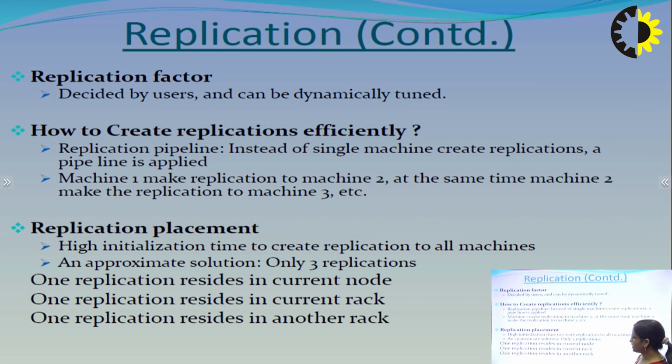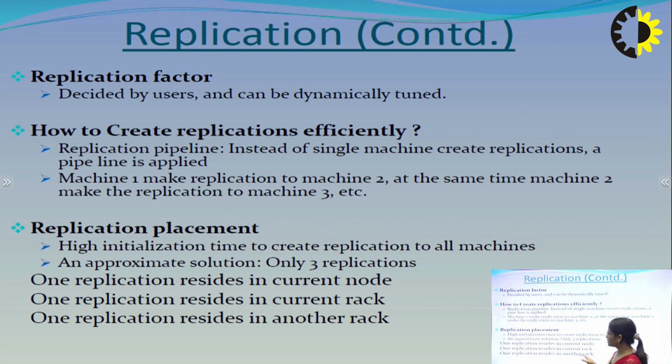The replication factor, that means how many replicas are created, is decided by the user and can be dynamically tuned. And how to create replicas efficiently? There is a replication pipeline. Instead of a single machine creating the replicas, a pipeline is applied. The pipeline works on the principle that machine 1 makes a replica to machine 2, and at the same time machine 2 makes a replica to machine 3, etc. So in this way replicas are created.